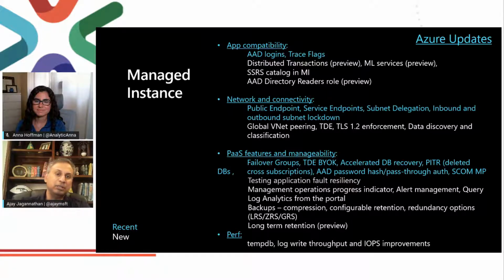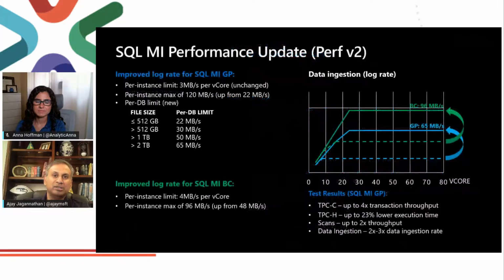Last but not least, performance is an area we continue to invest in. So recently, with the latest update, we have significantly improved TempDB performance as well as your data and log performance. Let me share quickly a little more on what that is in the next slide.